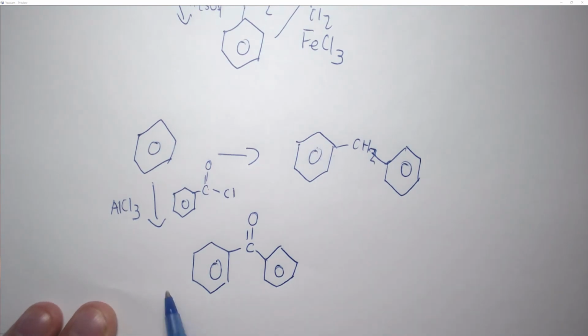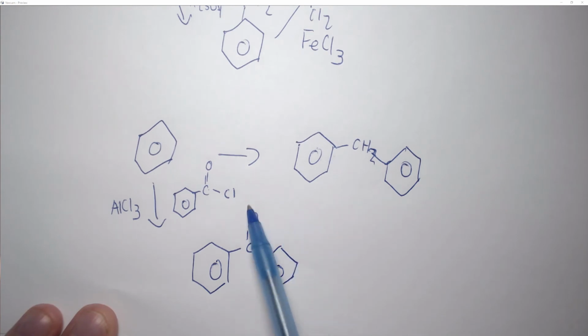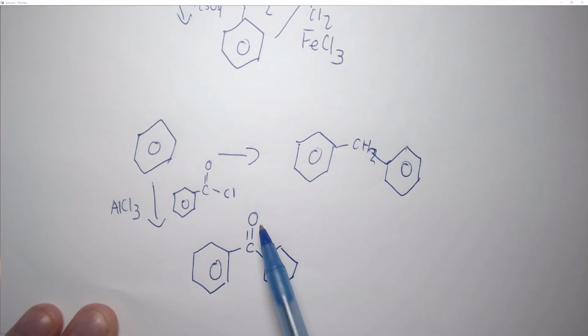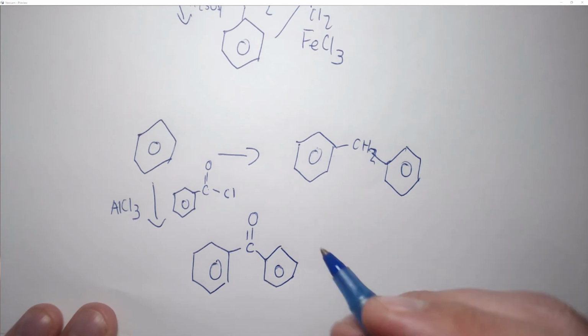So in this case, I've added a ring and a carbon group, which is exactly what I wanted to do. But there's a problem here. If I add this ring and this carbon group, I don't have exactly what I want. So I need a way to reduce this bond from C double bond O to CH2.